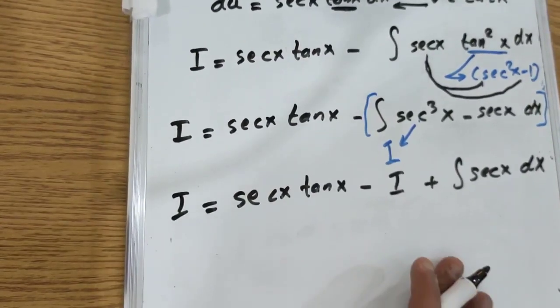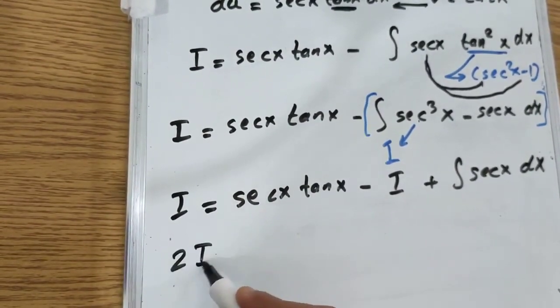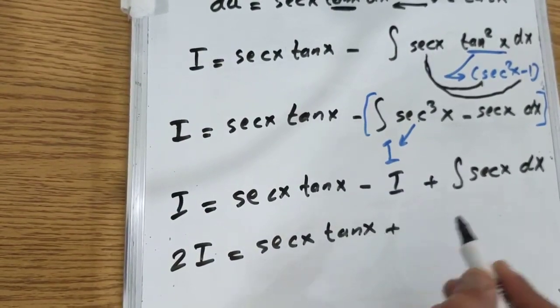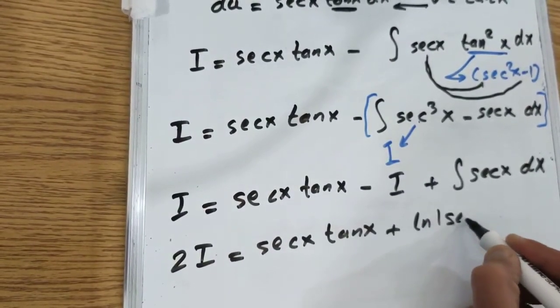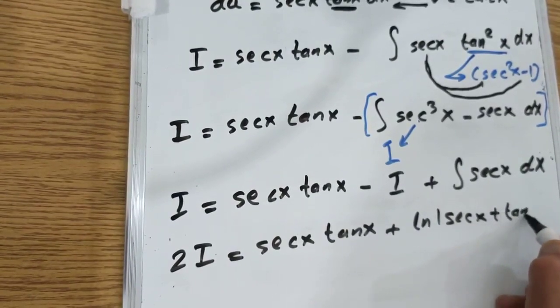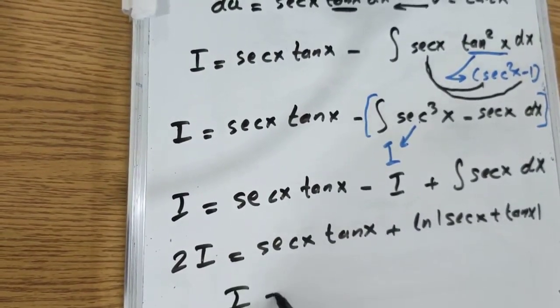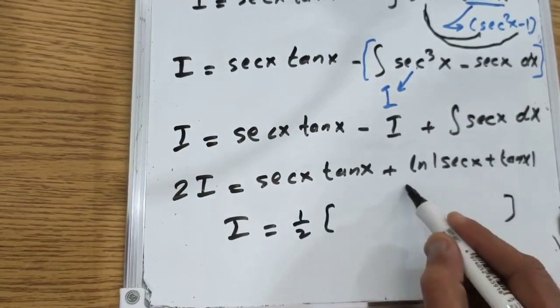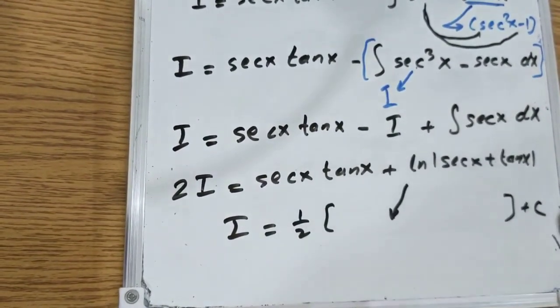Collecting I again in one side, we will have 2I is equal to sec x tan x plus the integration of sec, which is ln sec x plus tan x. Now I is equal to 1 over 2 times this term plus c.